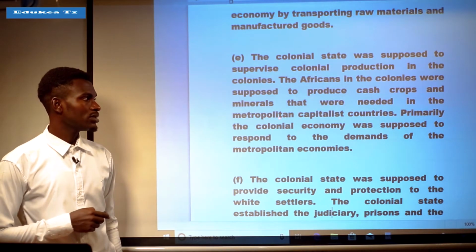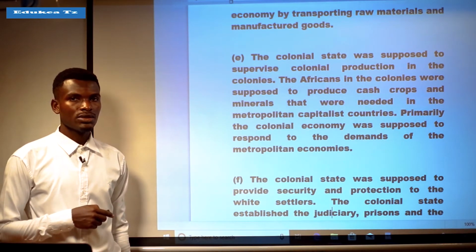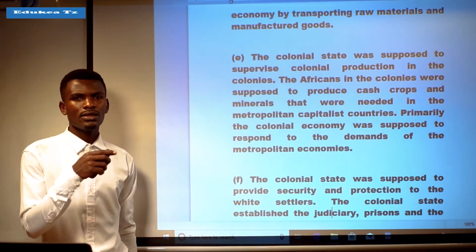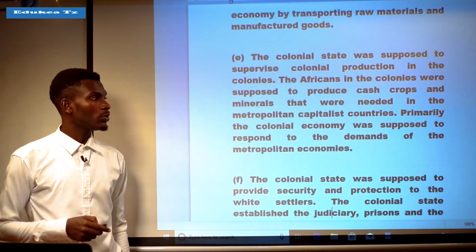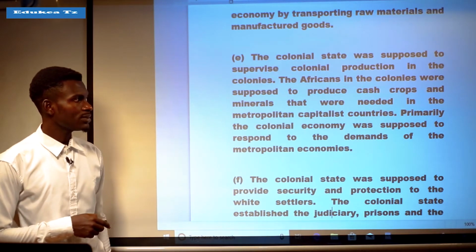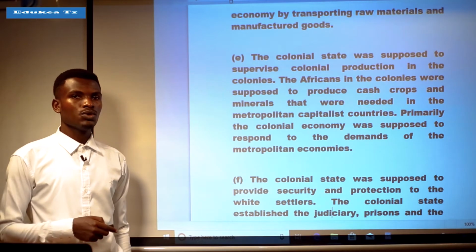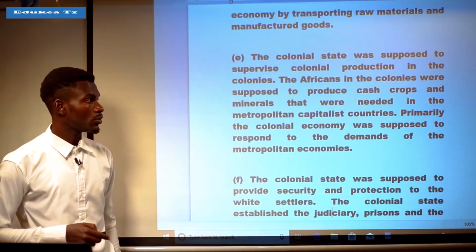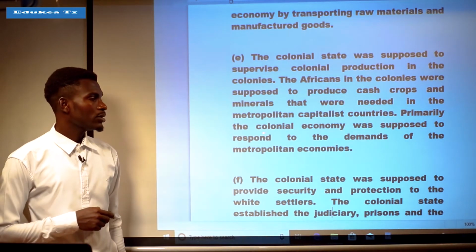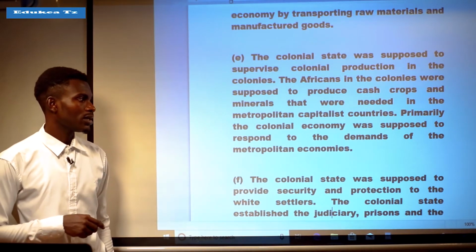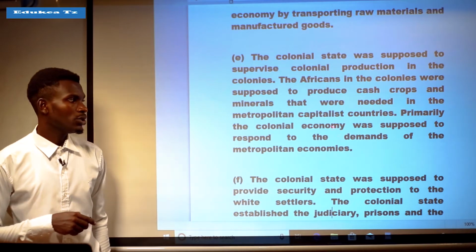For example, the raw materials or cash crops were needed in the industries in Europe, as well as minerals were needed in the industries established in Europe. Primarily, the colonial economy was supposed to respond to the demands of the metropolitan economies.